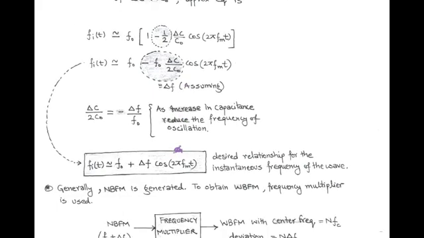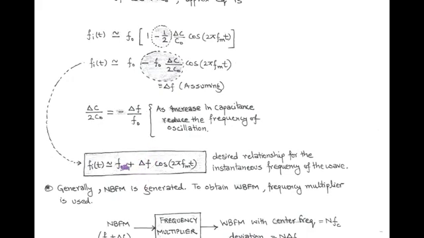And after this assumption, we can write delta C upon 2 C0 is equal to minus delta f upon f0. This relation shows that the increase in capacitance reduces the frequency of oscillation because there is a negative sign. And instantaneous frequency can be written again in terms of delta f.